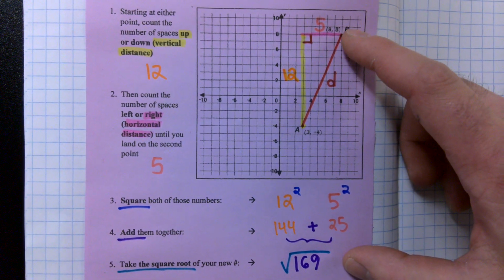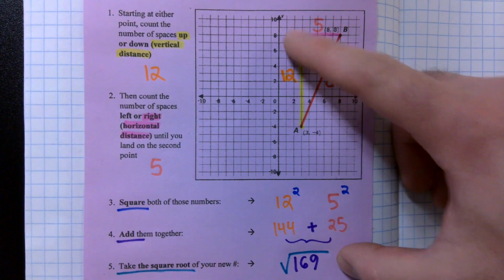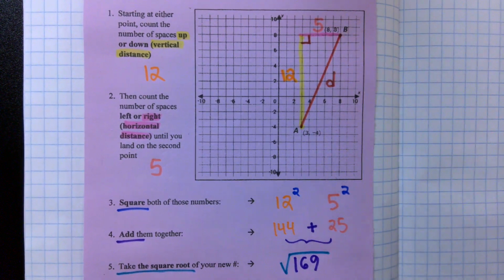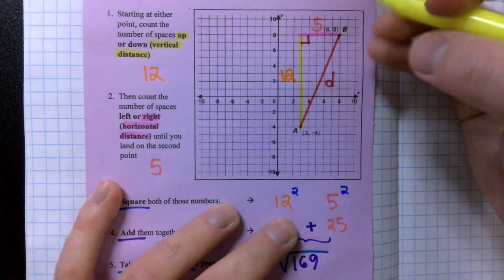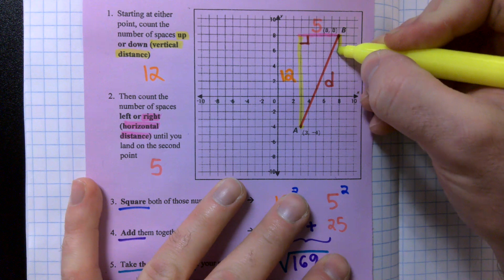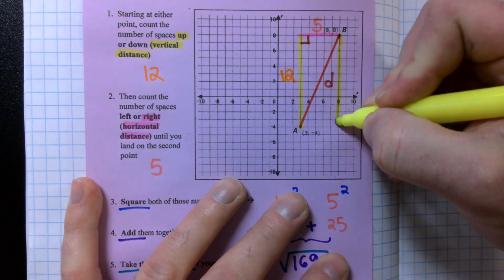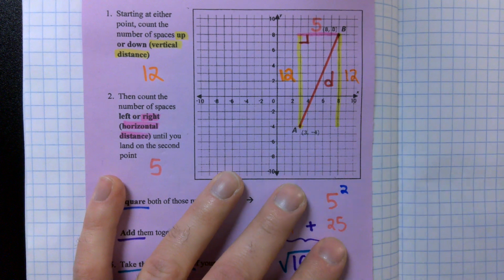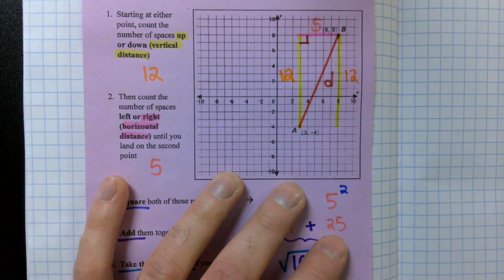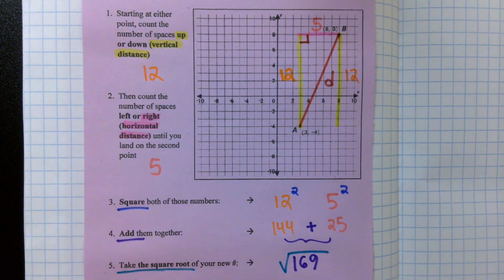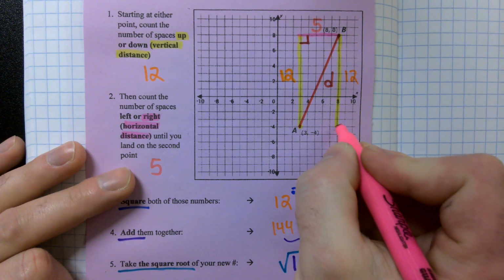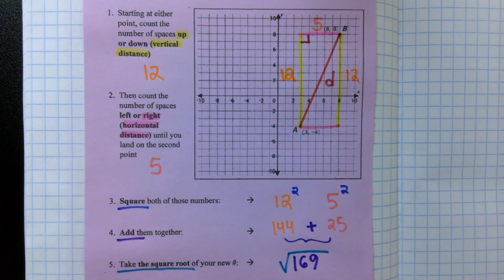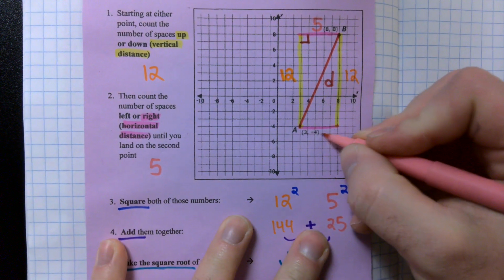Now you want to go home. But let's say you don't want to take these roads, there's too much traffic. From B, I'm now going to try and go down. How many units down would I have to go to be in line with A? Still 12 units. Now this time I'm turning right again, going horizontal. How many units in the horizontal direction would I have to go? Still 5.